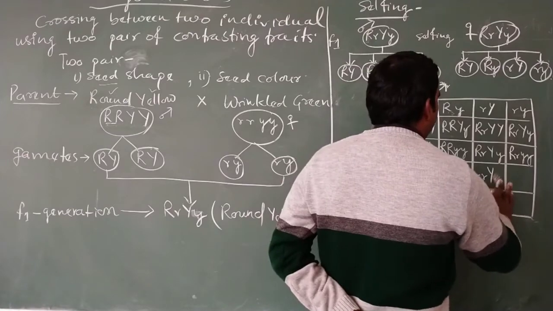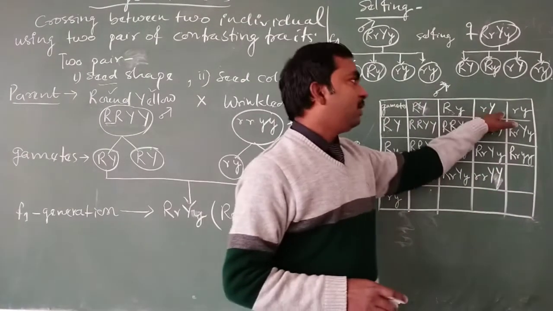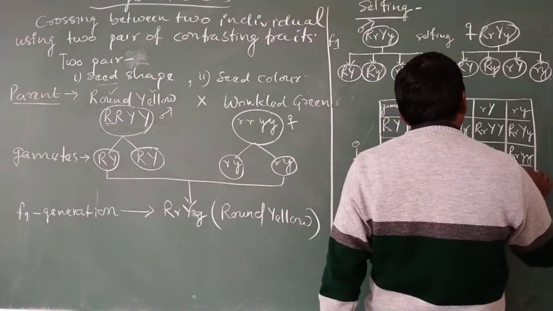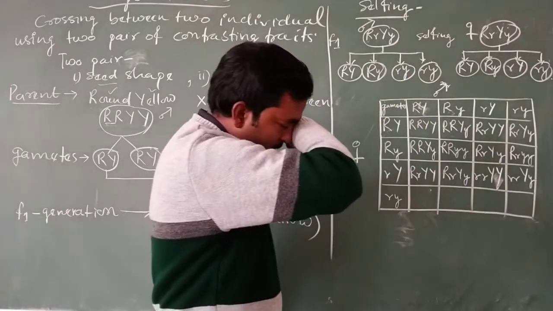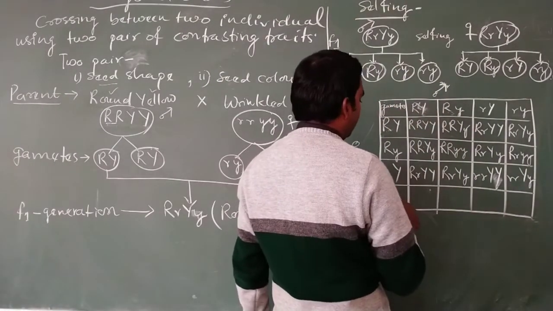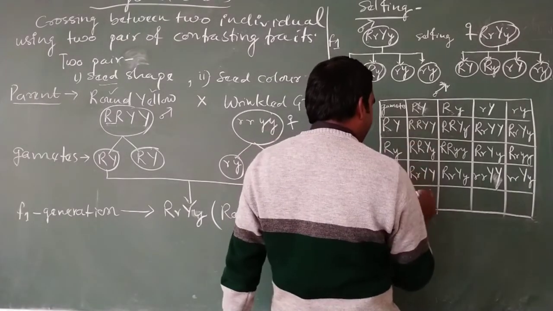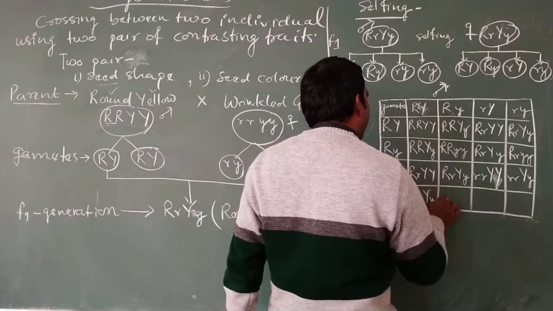Sorry, capital Y, because here is the capital Y, here is also capital Y. Now the small r, capital Y, small y will be the possible outcome. Then the last gametes will give capital R, capital Y, small y.